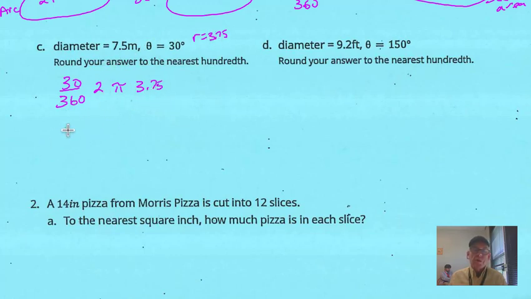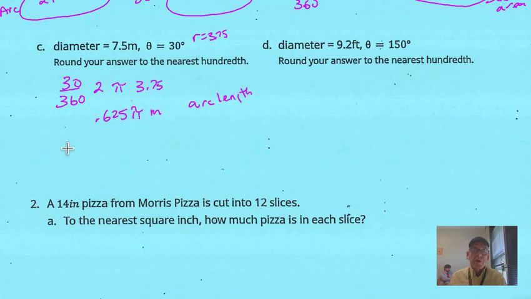If I crunch the numbers, 30 times 2 times 3.75 divided by 360 comes out to be 0.625 pi, and that's going to be in terms of meters. That's arc length.